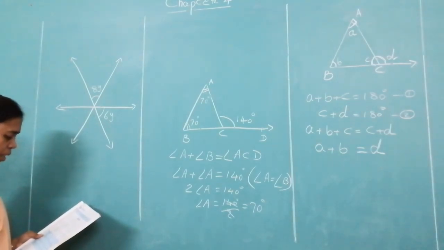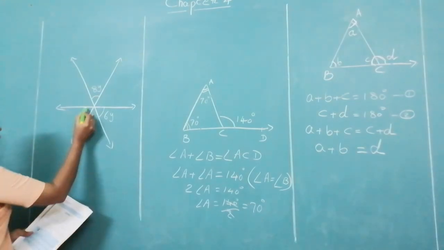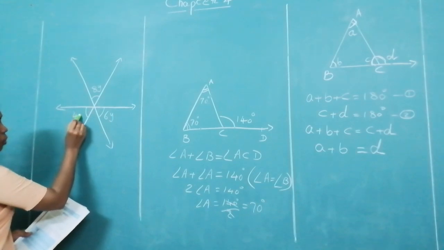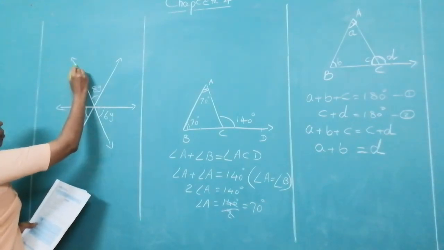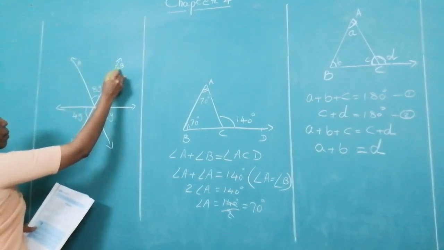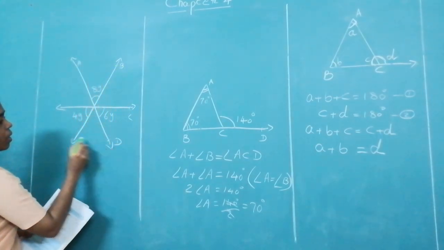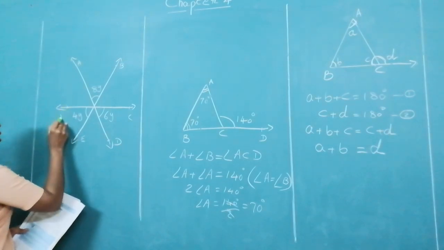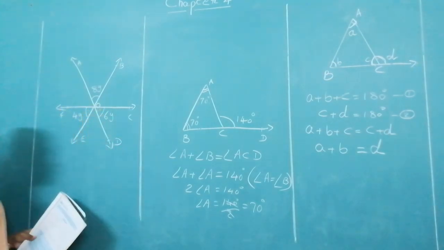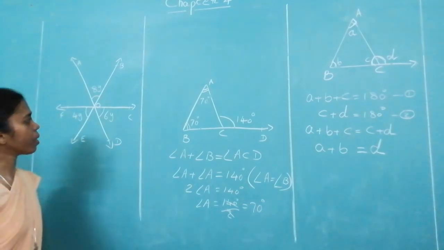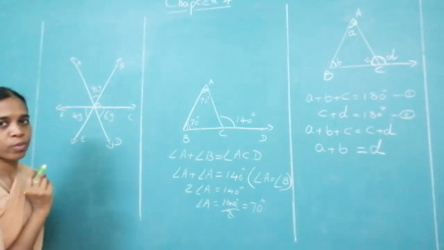This is given to you as 4y. The names are given to you as A, B, C, D, E, F. And this is O. The center is O. Now, looking at the diagram, can you tell me what you know?